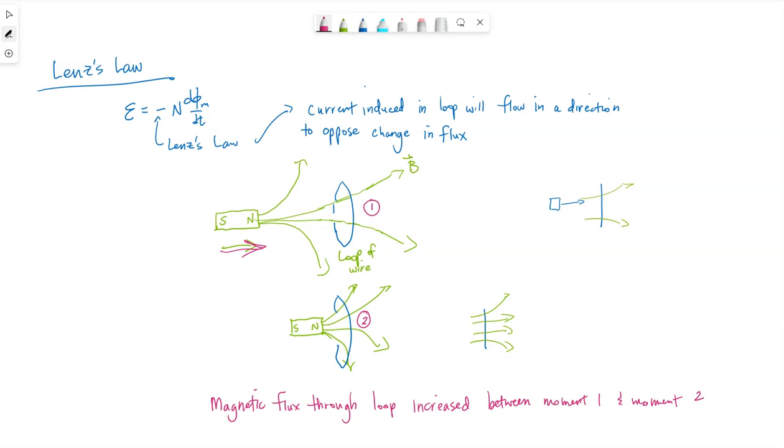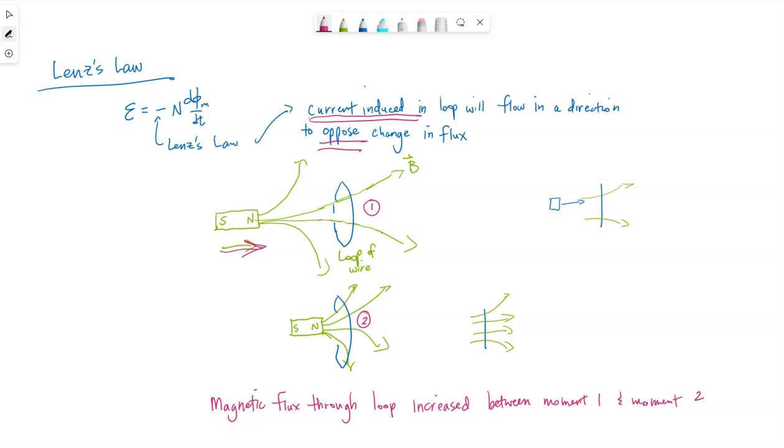Because this flux increased, we have more magnetic field lines passing through. That's why we know the flux increased. Because the flux increased, the loop itself is going to have induced current to oppose this increase. That's what Lenz's law is saying.